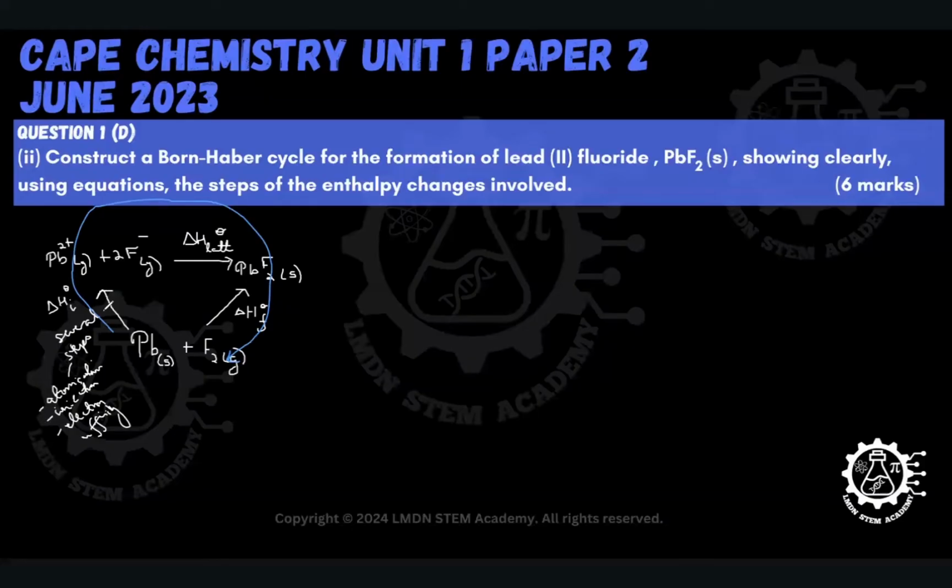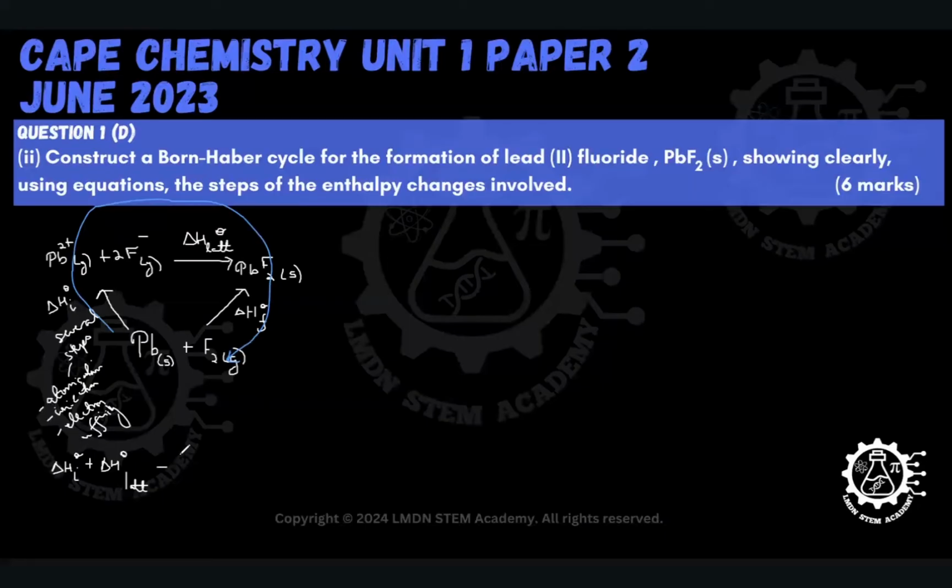What that would mean then is if I were to go in a clockwise direction, taking this direction as positive, I say delta H I theta plus delta H theta lat, and this arrow is going against my clockwise arrow.